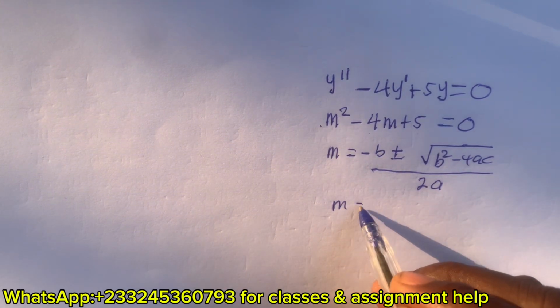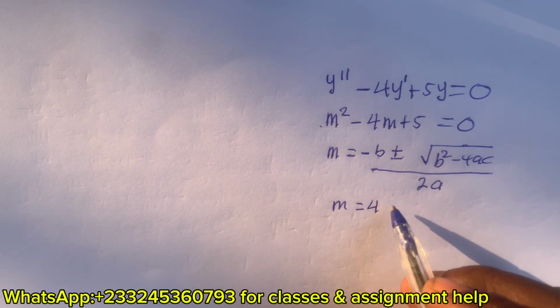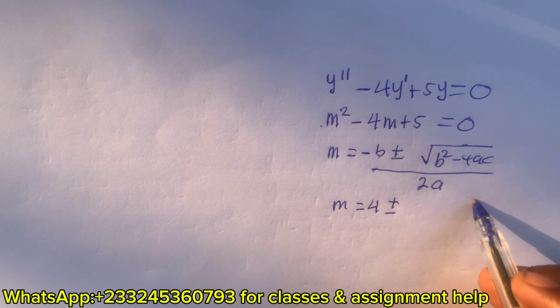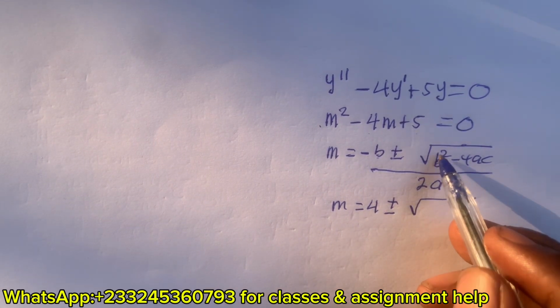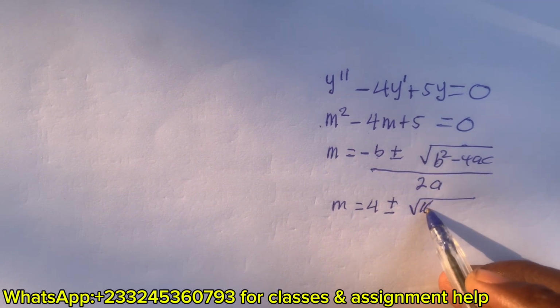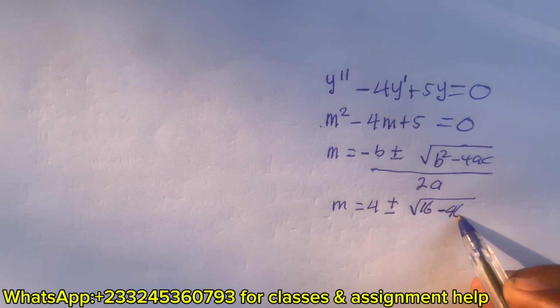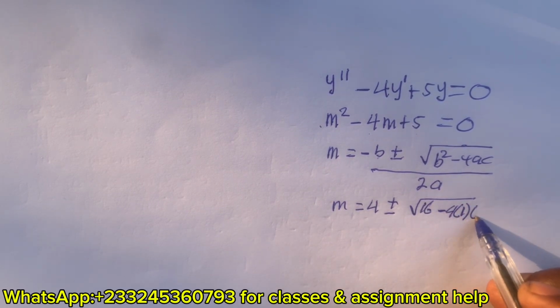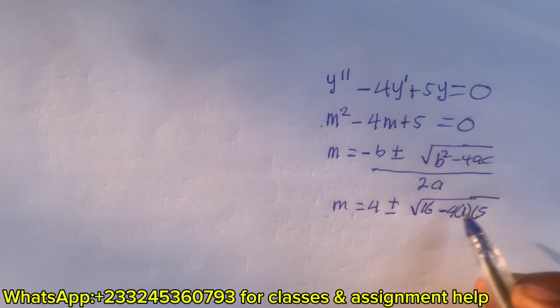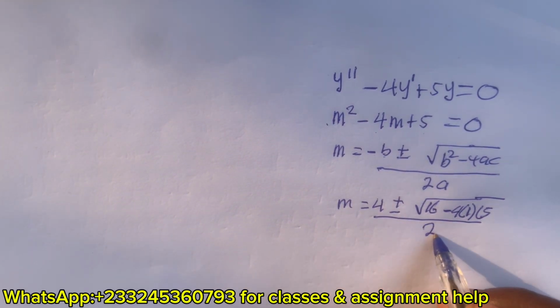So m equals, b is minus 4, so minus minus will give us positive 4, plus or minus the square root of, if we take negative 4 and square, we get positive 16, then minus 4 times a is 1 and c is 5, all divided by 2 times a is 1, so 2 times 1 is 2.